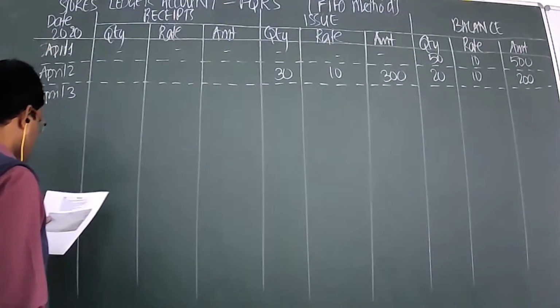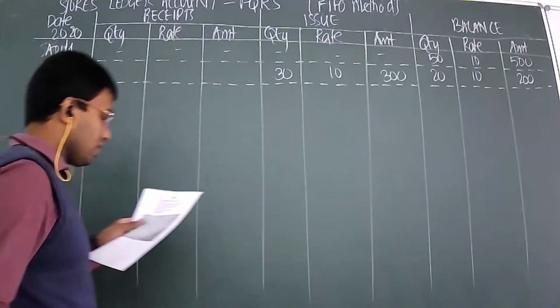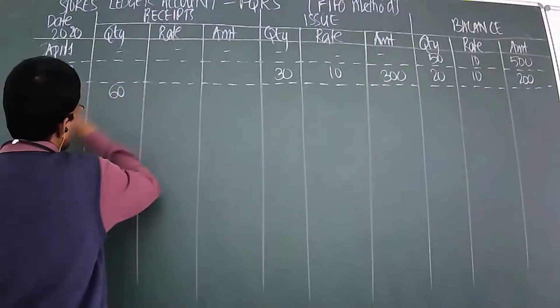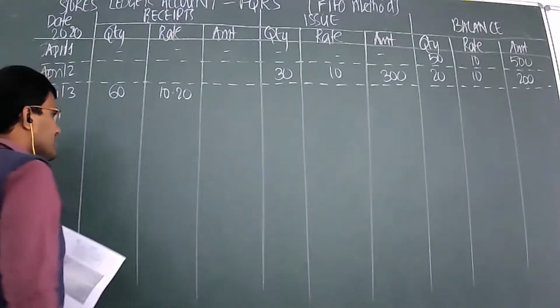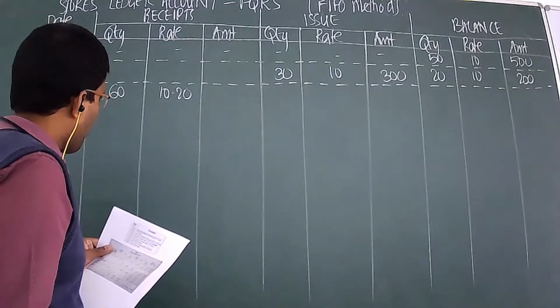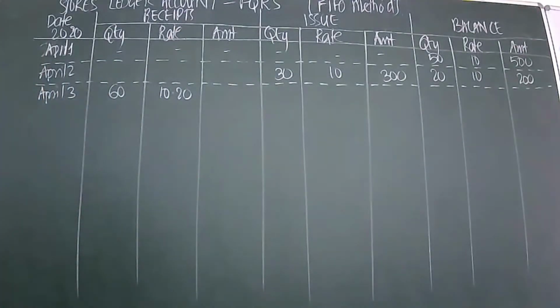But what this implies is that on 3rd of April, you have got 60 tons of material, and this was purchased at 10.2. When you work out the calculation, 60 into 10.2 works out to be 612.